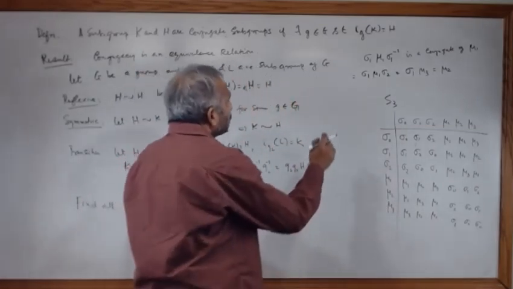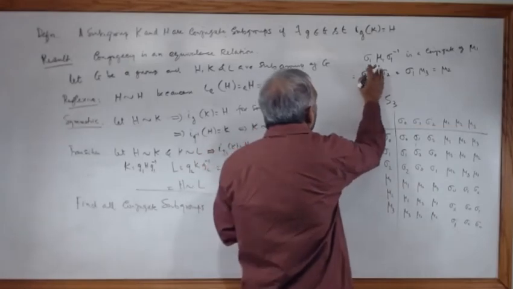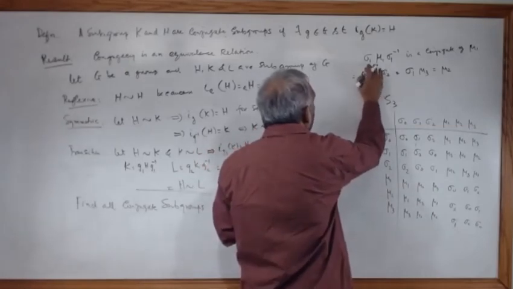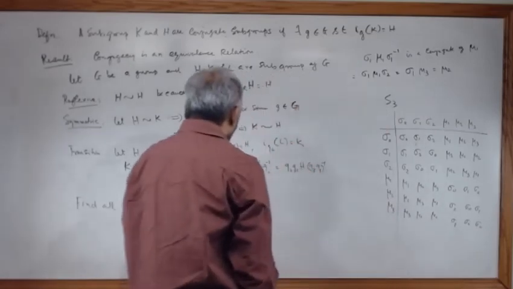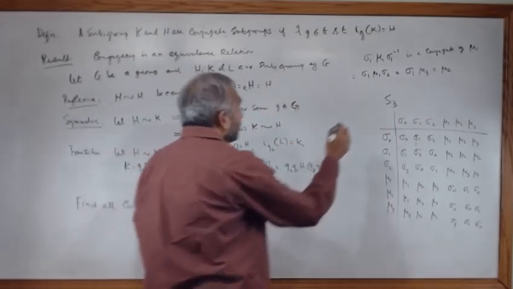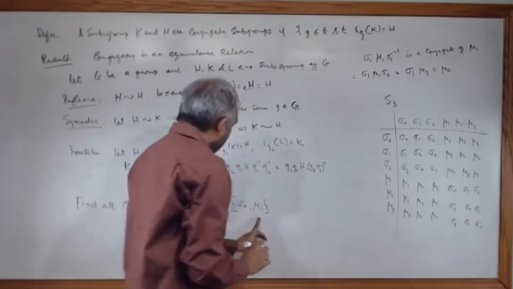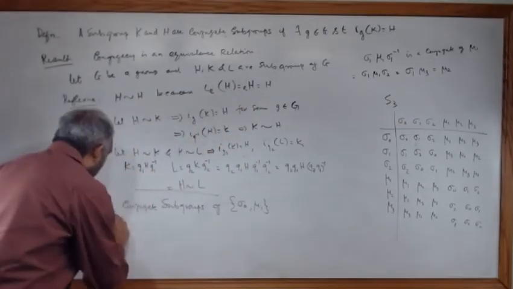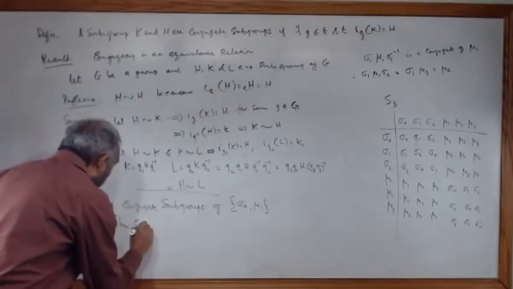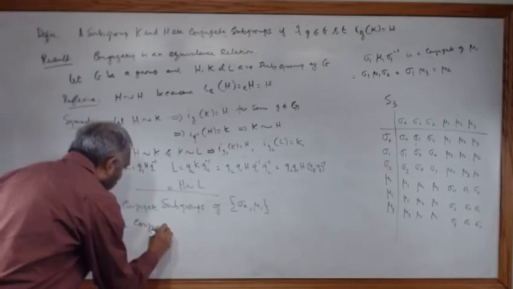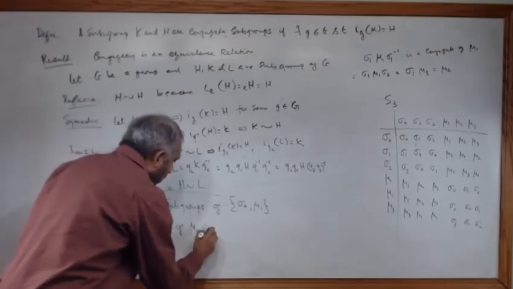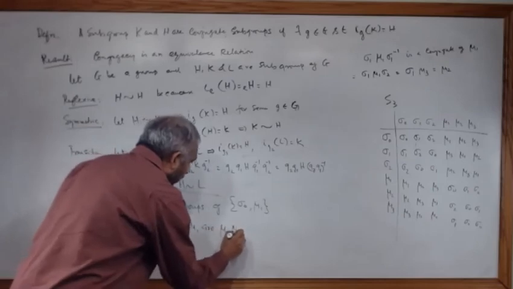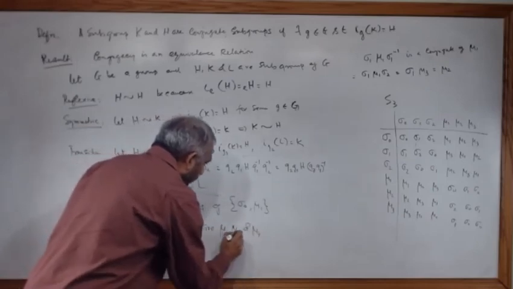So what we need to do is replace σ1 with all other elements. All you are going to get is the conjugates of μ1. The conjugates of μ1 are μ1, μ2 and μ3.